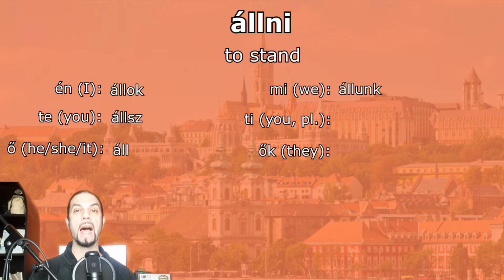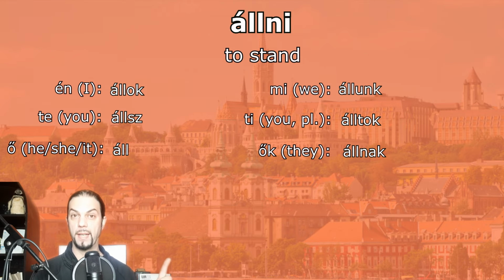Mi állunk. We stand. Ti álltok. You stand. Ők állnak. They stand.